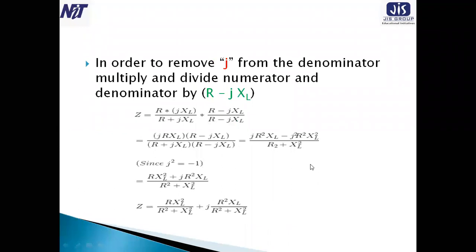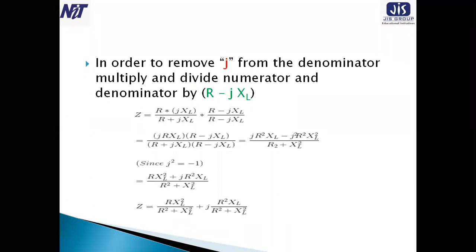Now, in order to remove j from the denominator, we always have to remove the complex number from the denominator as per the rule of complex numbers.